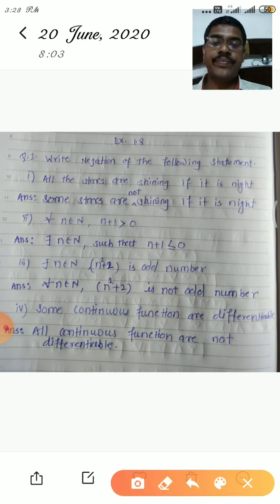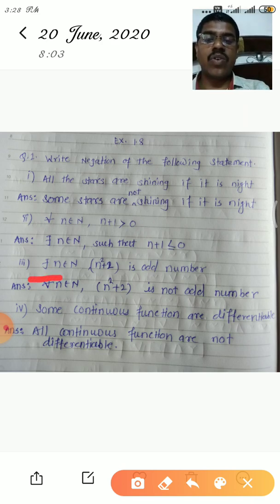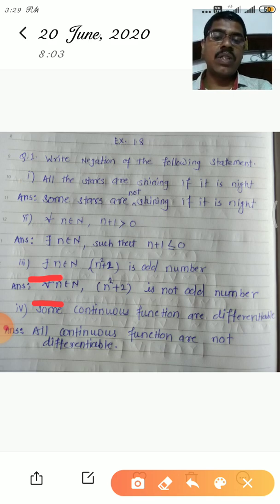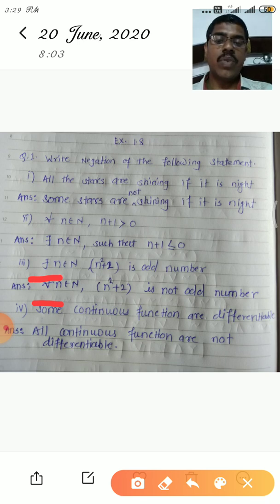Third example: there exists n belongs to N, n square plus 2 is an odd number. Here we convert "there exists" into "for all". That means the negation is: for all n belongs to N, n square plus 2 is not an odd number.